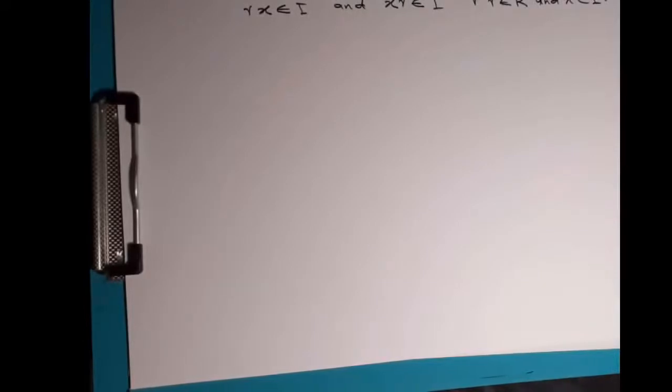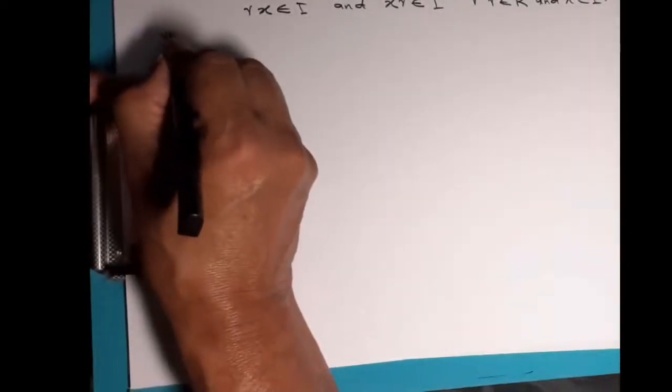These are definitions of left ideal, right ideal, and two-sided ideal. Let's come to examples.